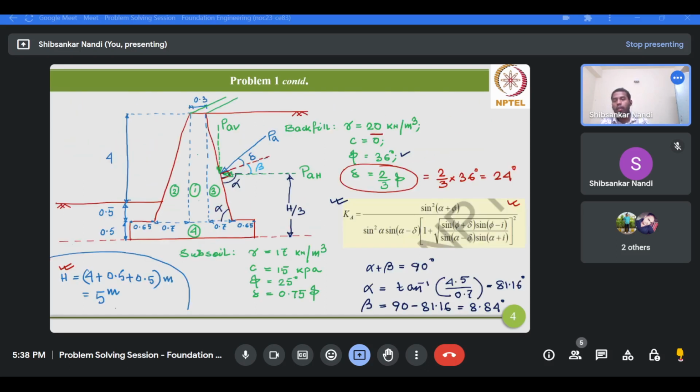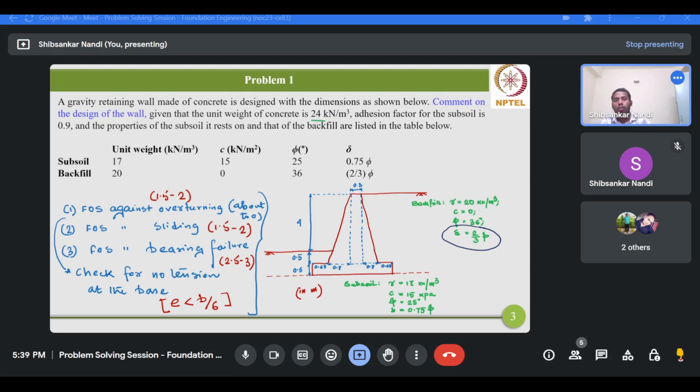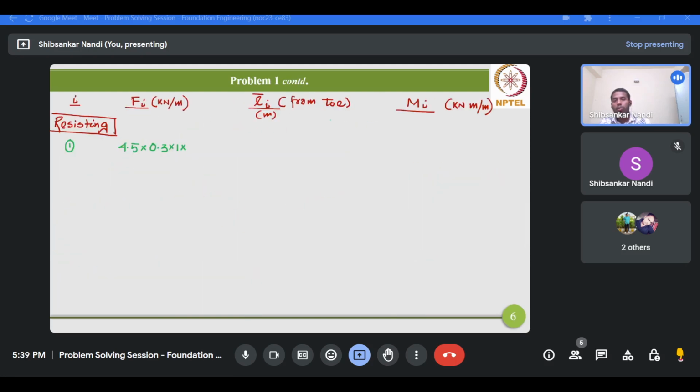Since this gravity retaining wall is made of concrete, the unit weight of concrete is 24 kilonewton per meter cube. So volume multiplied by unit weight gives you the force, the resisting force, that is the weight of that component itself. So 4.5 into 0.3 into 24 is 32.4 kilonewton per meter.